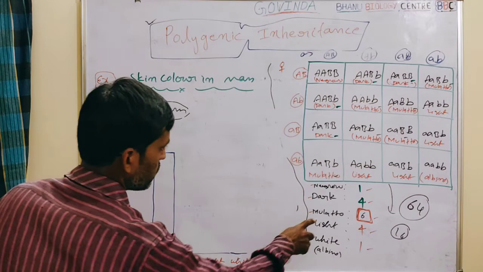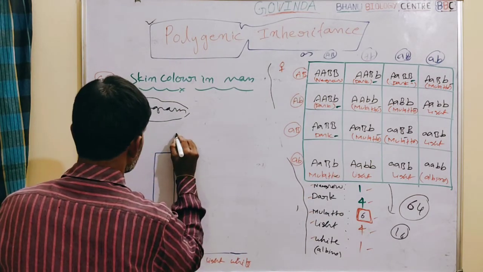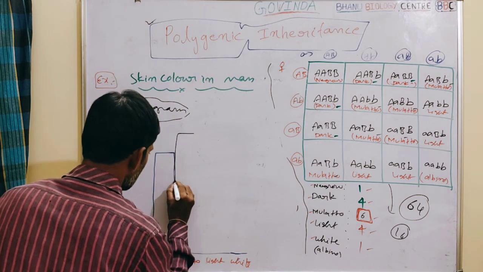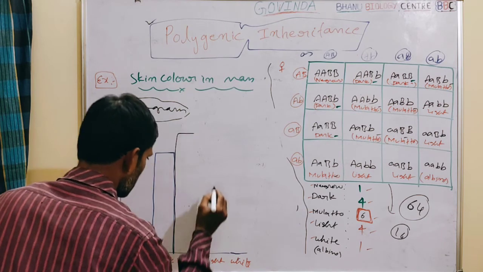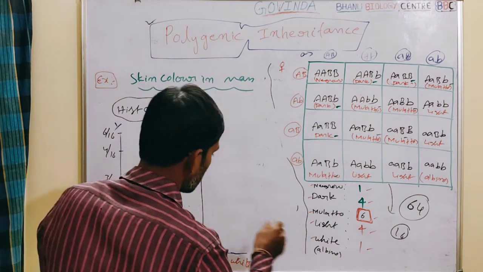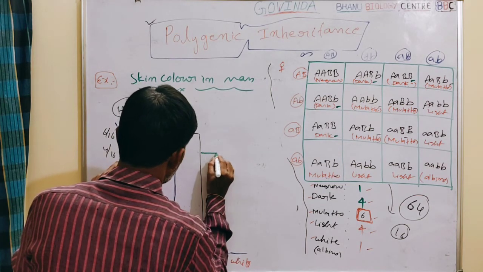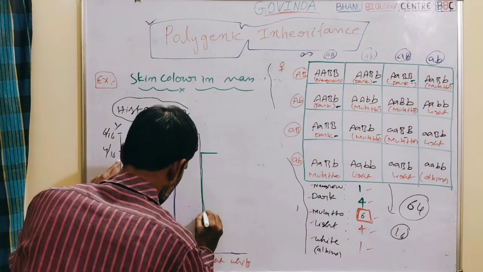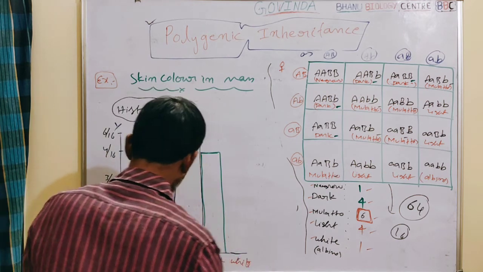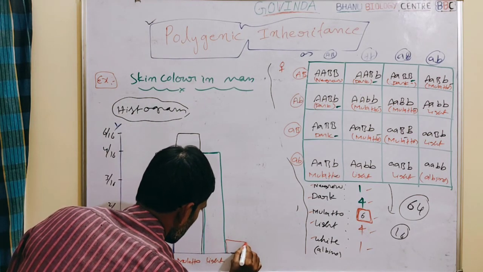Next mulatto, 6. We can start from here, right? This is the mulatto. Then light color again 4. Next white, only 1.